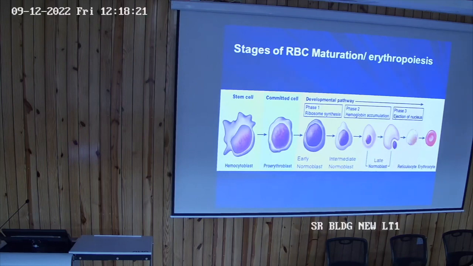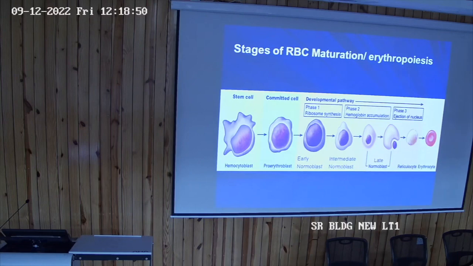If there is an increase in the reticulocyte count, that means there is an increase in the rate of erythropoiesis. Now that increase in the rate of erythropoiesis may be due to anemia, may be due to going to high altitude, okay. There are a number of reasons which might result in hypoxia, which will be a triggering factor for erythropoiesis.